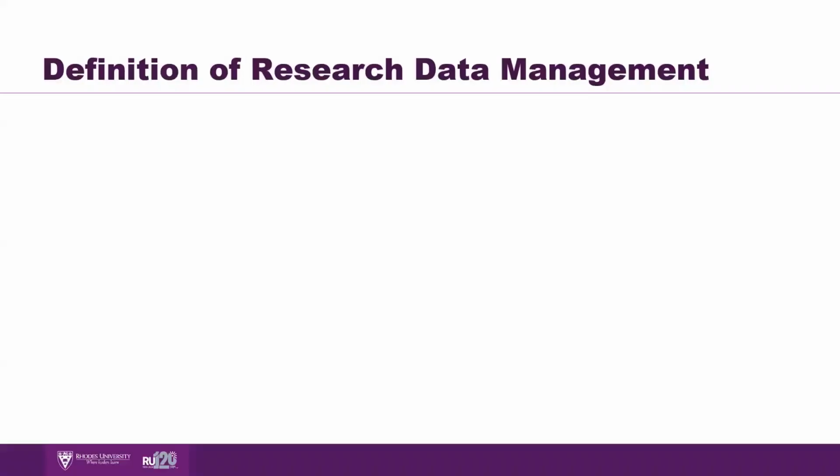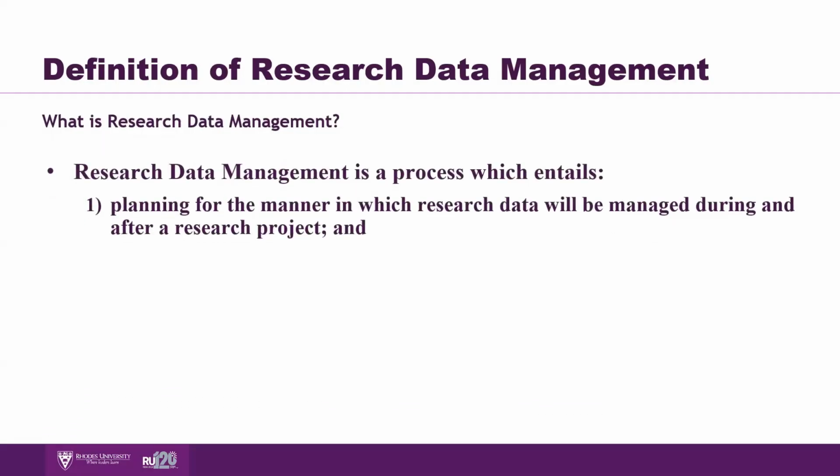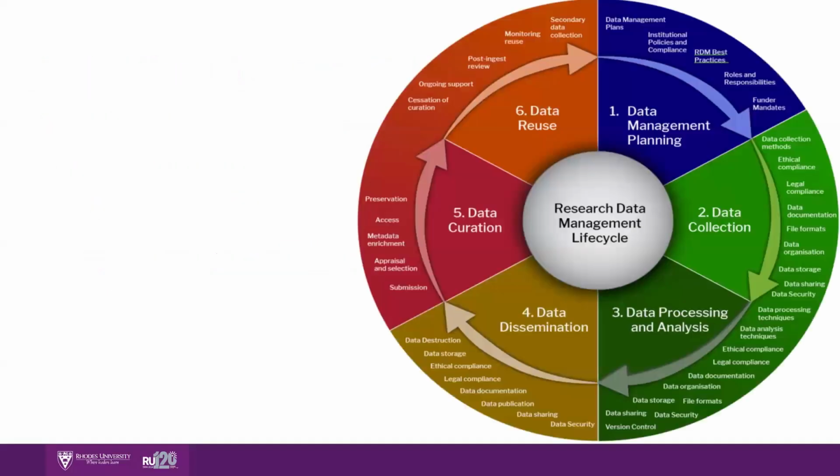Now, for those of you who were here yesterday, you might get where we're coming from at the very beginning in terms of the first slide. But before you get into data management planning, the idea is to have an understanding of what research data management is. Yesterday we defined it as planning for the manner in which research data will be managed during and after the research project, and secondly, controlling for the collection, processing, analysis, sharing, dissemination, curation, and reuse of that research data.